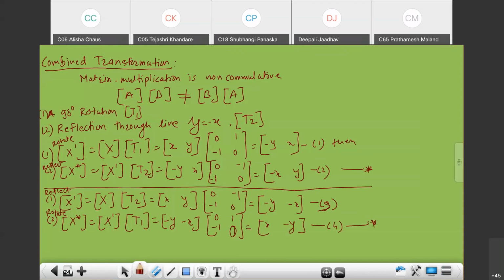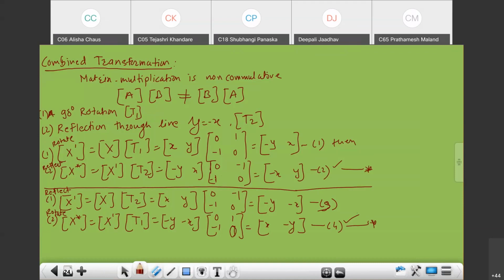Okay. Now see the second and fourth equation. Both are same? No, both are different. Both results are different, which confirms that the order of application of matrix transformation is important.